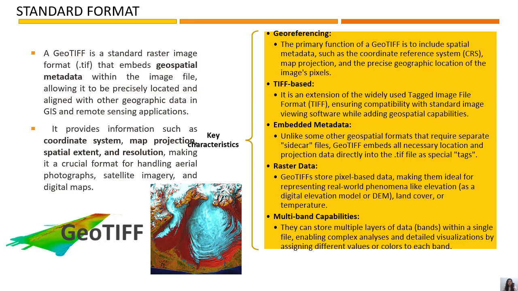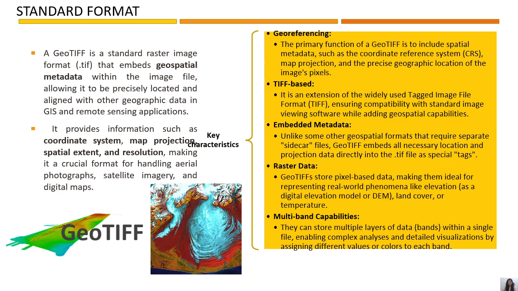Georeferencing helps us include spatial metadata with the precise geographical location of each image pixel. TIFF is a tagged image file format, which ensures the capability of a standard image to be viewed in software having geospatial capabilities.